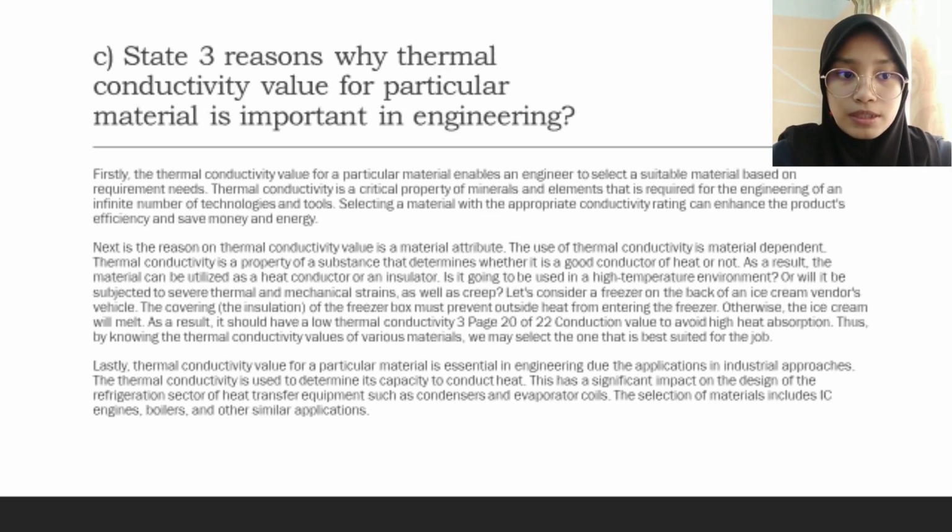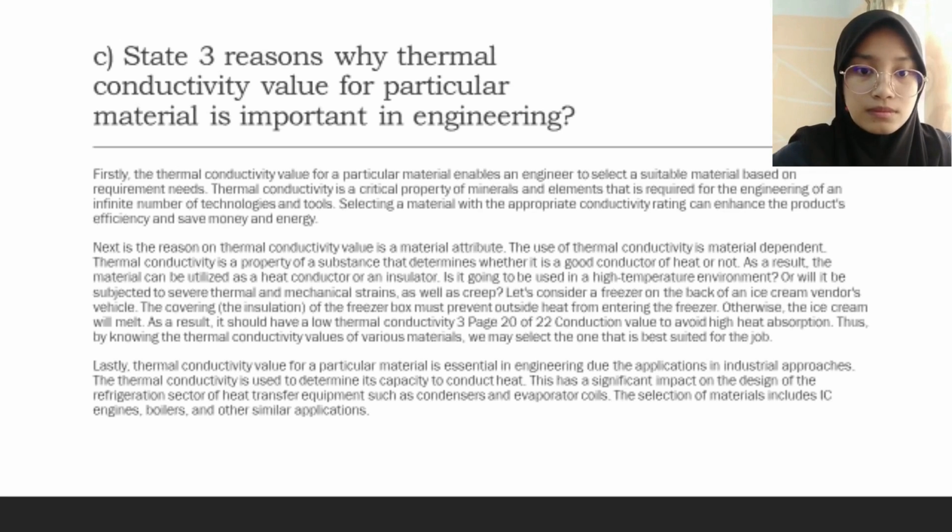As a result, the material can be analyzed as a heat conductor or an insulator. Lastly, the thermal conductivity value for a particular material is essential in engineering due to the application in industry. Thermal conductivity is used to determine its capacity to conduct heat.